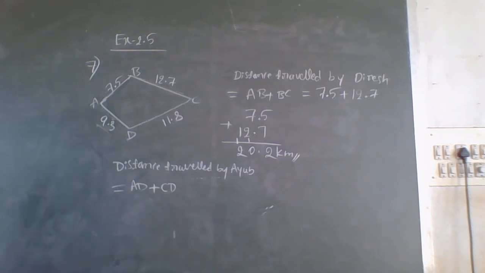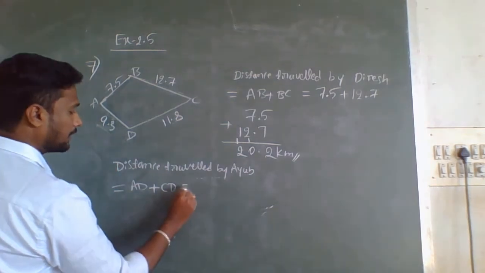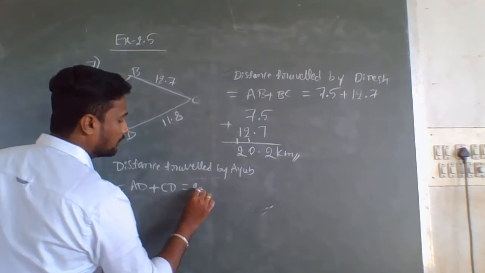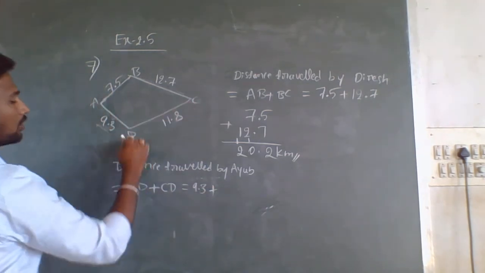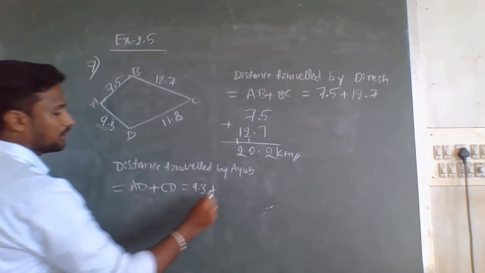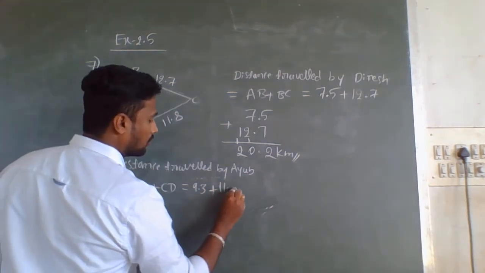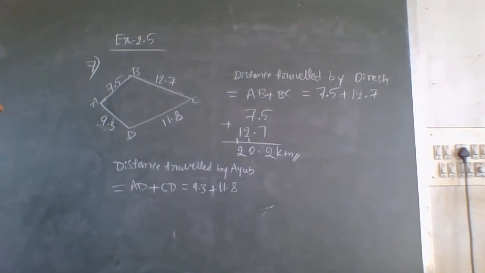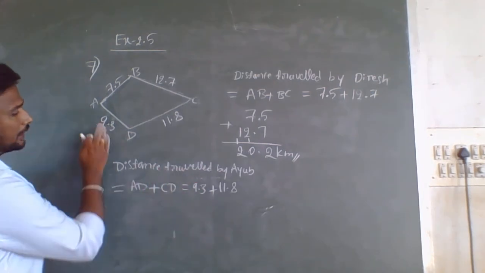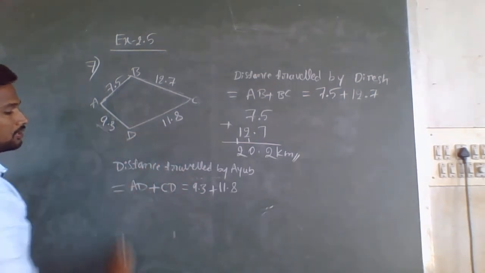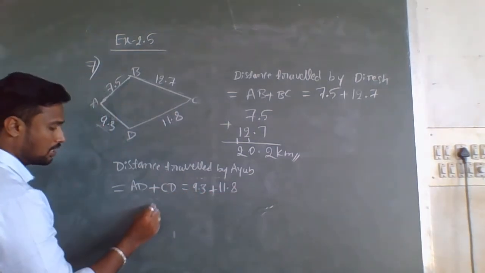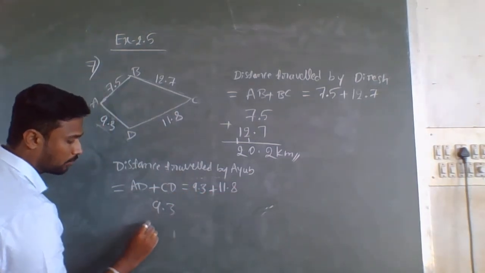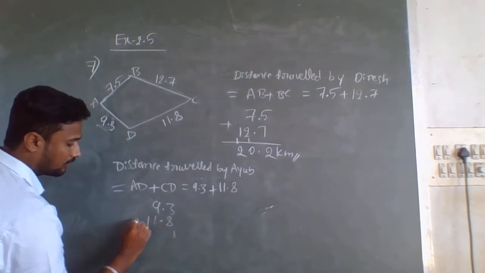So now the length of AD is 9.3 kilometers, plus the length of CD or DC is 11.8 kilometers. So here distance travelled by Ayub equals AD plus CD, means 9.3 plus 11.8. So we have to add these two numbers. So here I will add 9.3 plus 11.8.